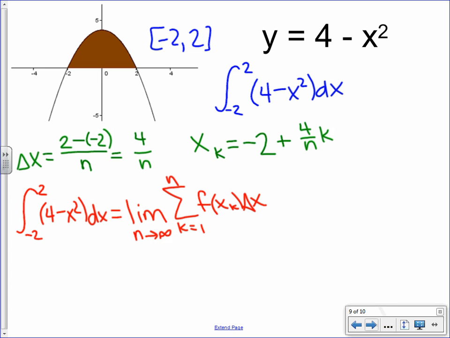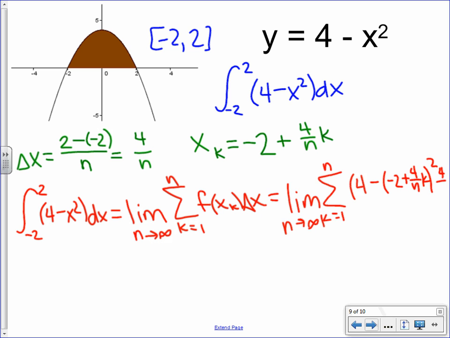So how do we get f of x? It's 4 minus x sub k squared, times delta x. That's all it is: f of x times delta x.